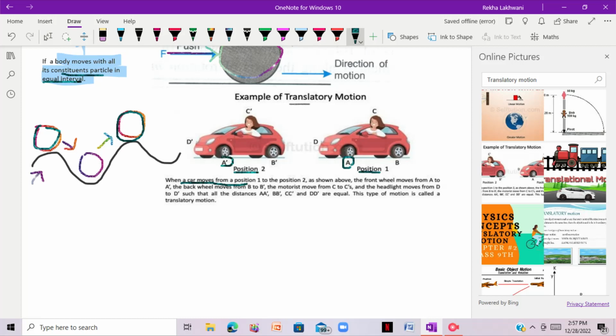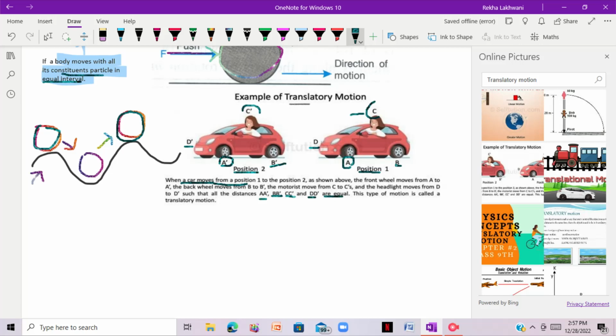And the headlight moves from D to D dash, such that all the distances A to A dash, B to B dash, C to C dash, and D to D dash are equal. This type of motion is called translatory motion. This shows that the distance should be equal, right? So this is an example of translatory motion.